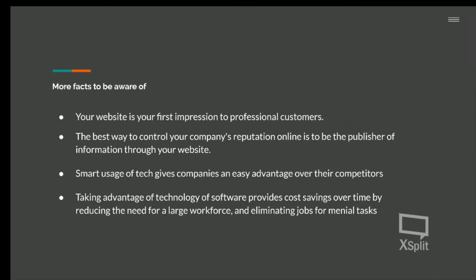It's important to know that the first impression a user gets, or that professional customers get, such as other companies that you might want to deal with, such as suppliers or producers, is through your website. Professional customers will not be looking for you on your Twitter profile. They won't be looking for you on your Instagram profile.